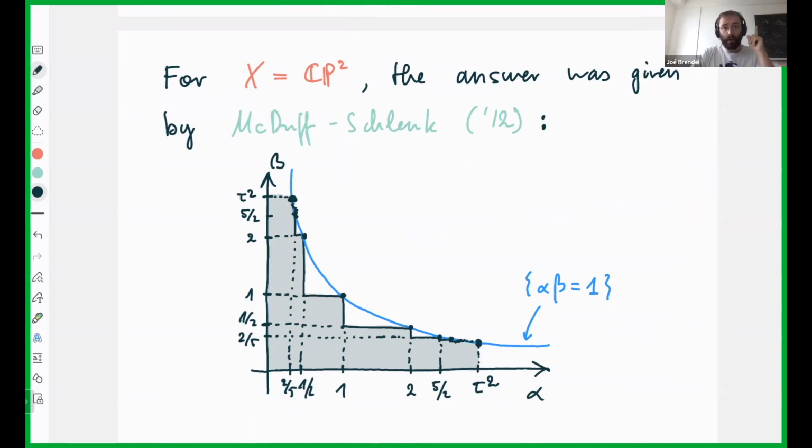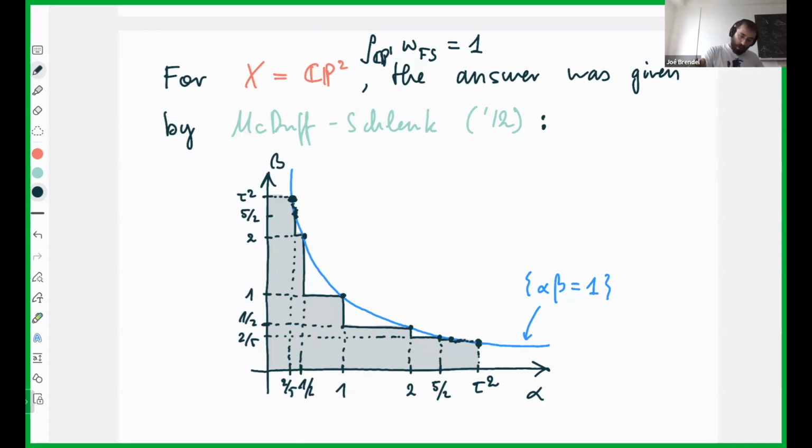And actually for the rest of the talk, the target space will be very easy because it will just be CP2 for the rest of the talk. So we'll embed different things into CP2. And the normalization that I will use is that CP2 carries the Fubini-Study form, which integrates to 1 over the line. So that's fixed from now.